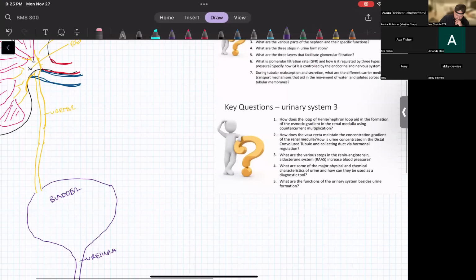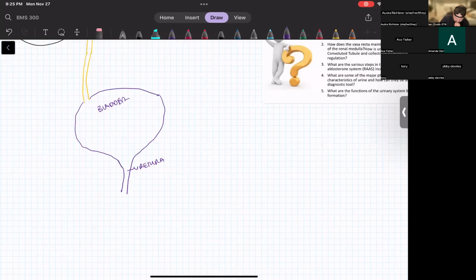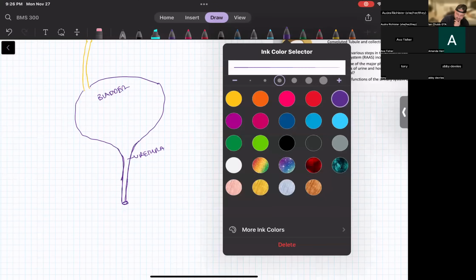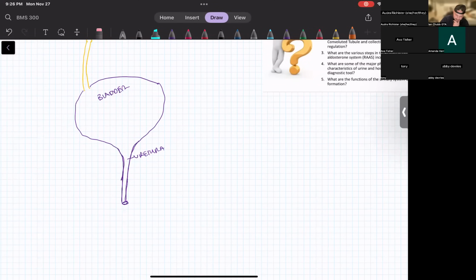So female, or if you have the uterus, then your urethra is a lot smaller, and it's essentially just going to enter the outside world pretty quickly. A male will have two sections of their urethra. So their first urethra is around something called the prostate.